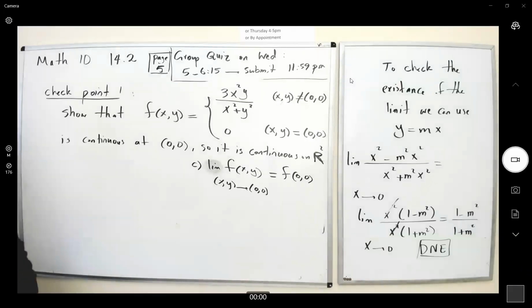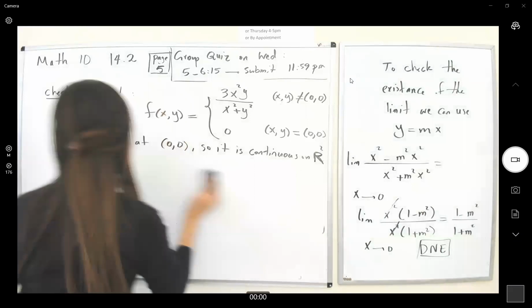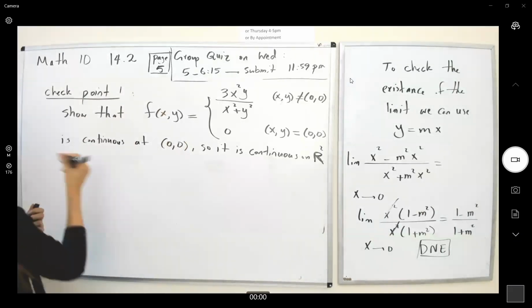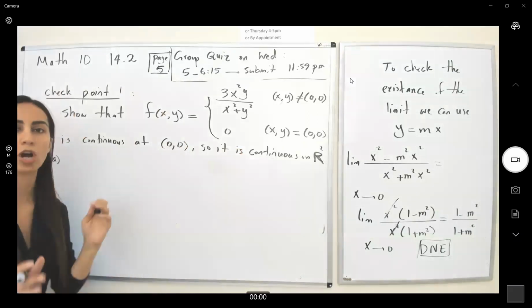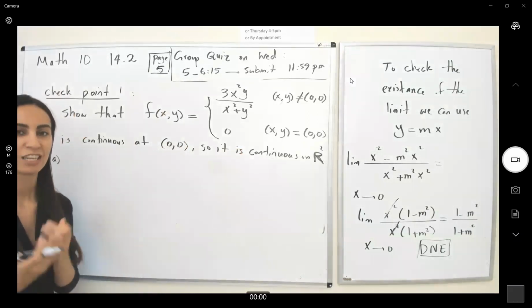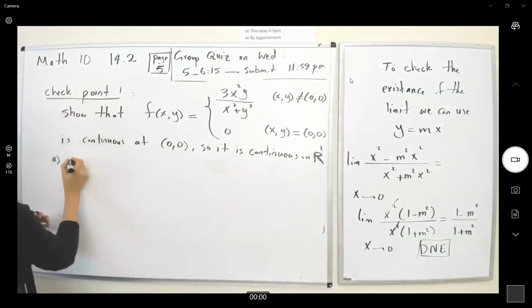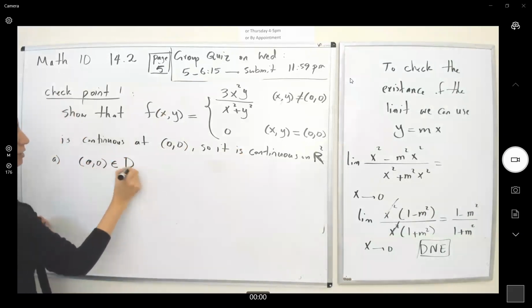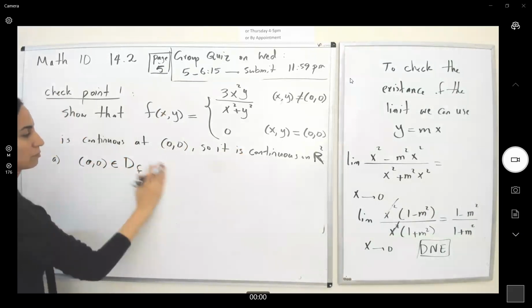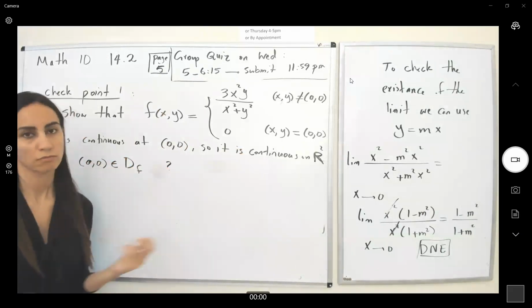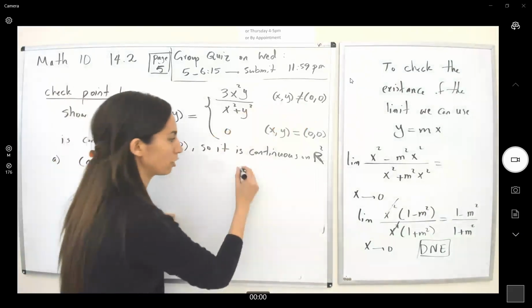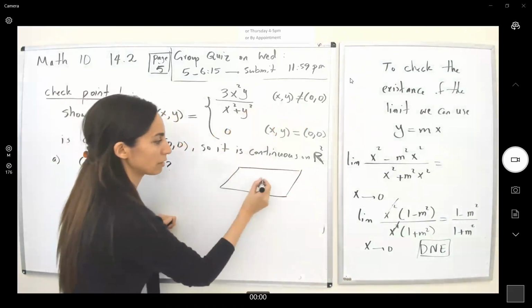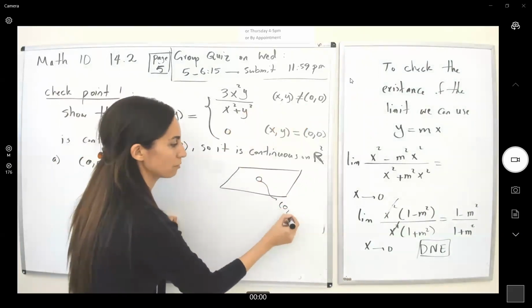Okay, so let us solve this. First of all, the first condition: is 0 and 0, the troubling point, part of the domain? So 0 and 0 is in the domain of the function. What's the domain of the function? The first part is the plane with the origin excluded.